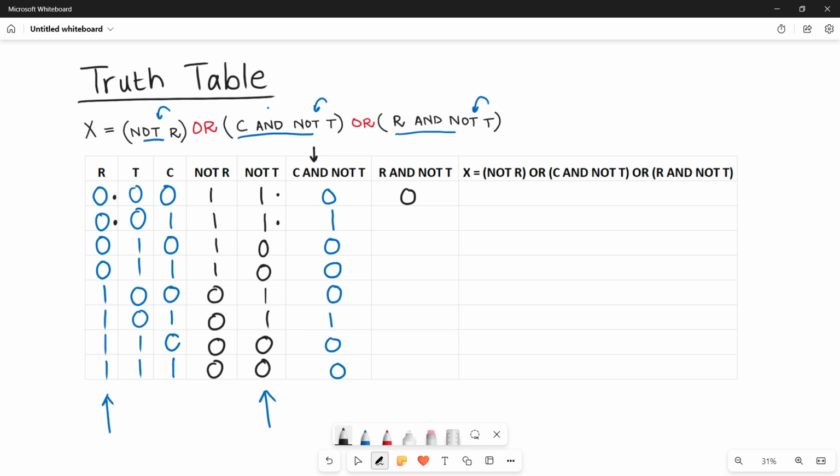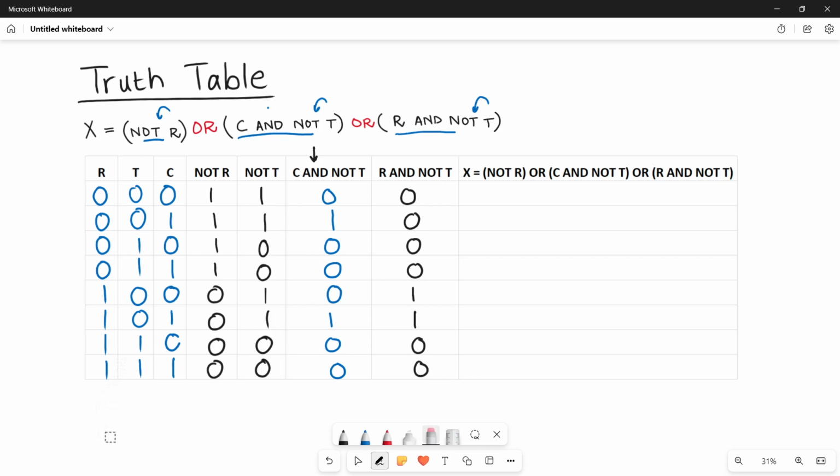Then 0 into 1 is another 0. Then 0 into 0 is 0. Then 0 into 0 is 0. Then 1 into 1 is 1. 1 into 1 is 1. Then 1 into 0 is 0. Then 1 into 0 is 0. So we are done with this column as well.